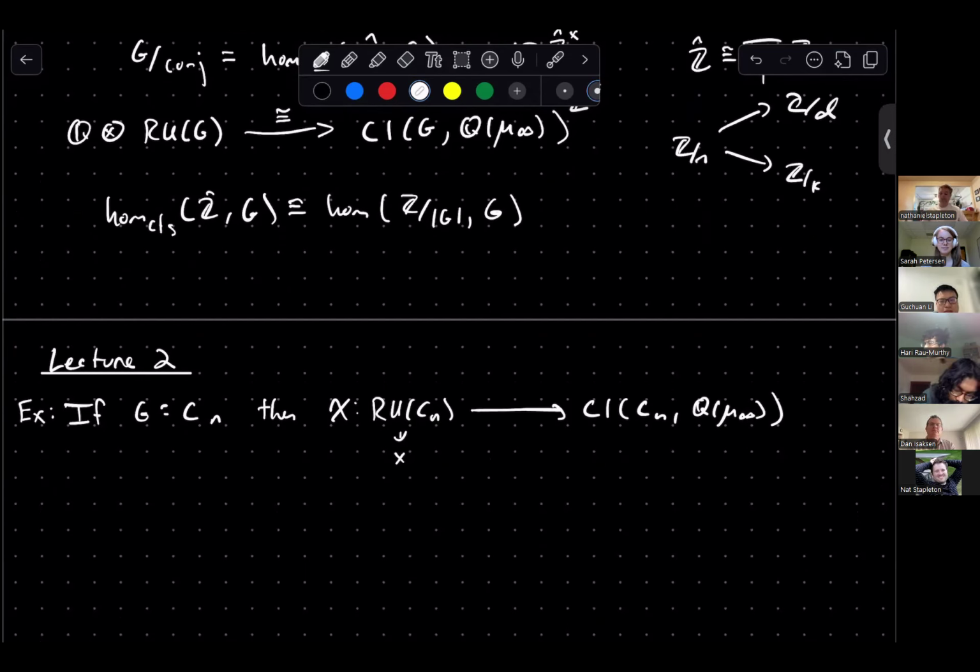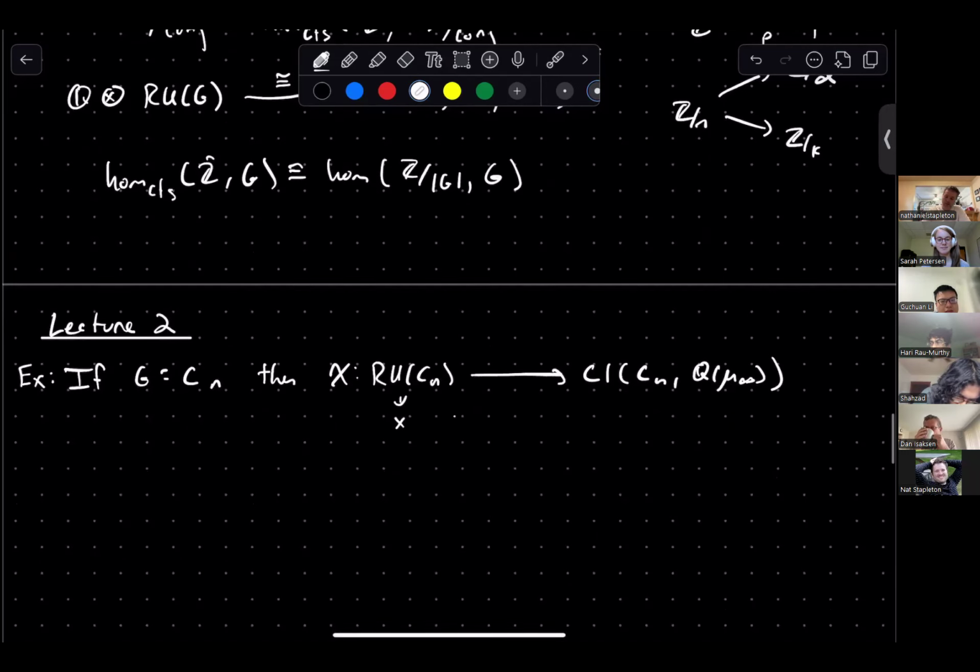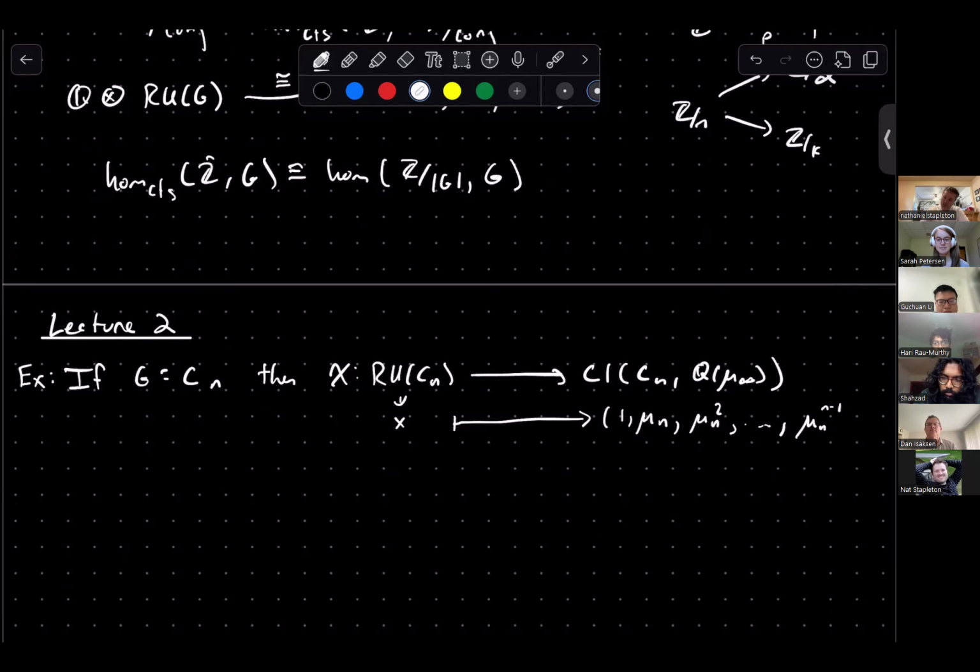Since we know what that does, it tells us how to compute this character map on this, because the trace in this case is just reading off the way that the action works. And so x goes to 1, mu n, mu n squared, up to mu n to the n minus 1.